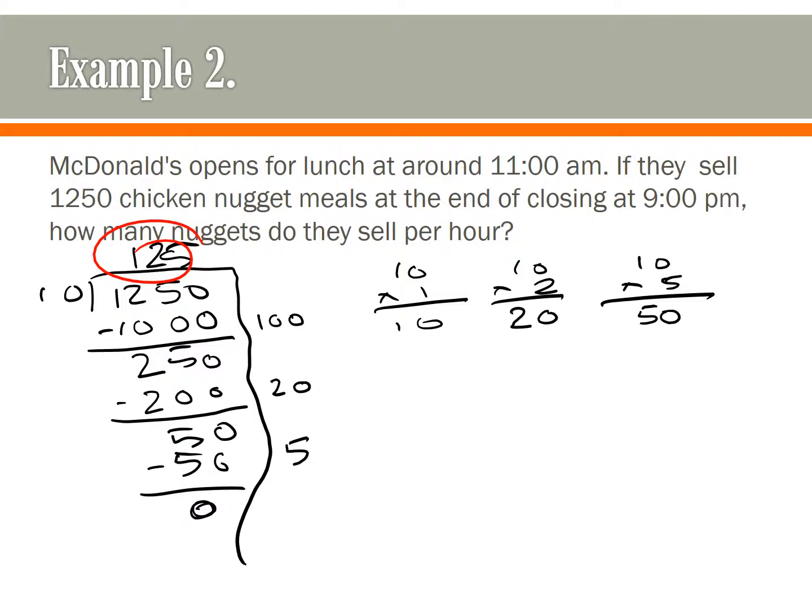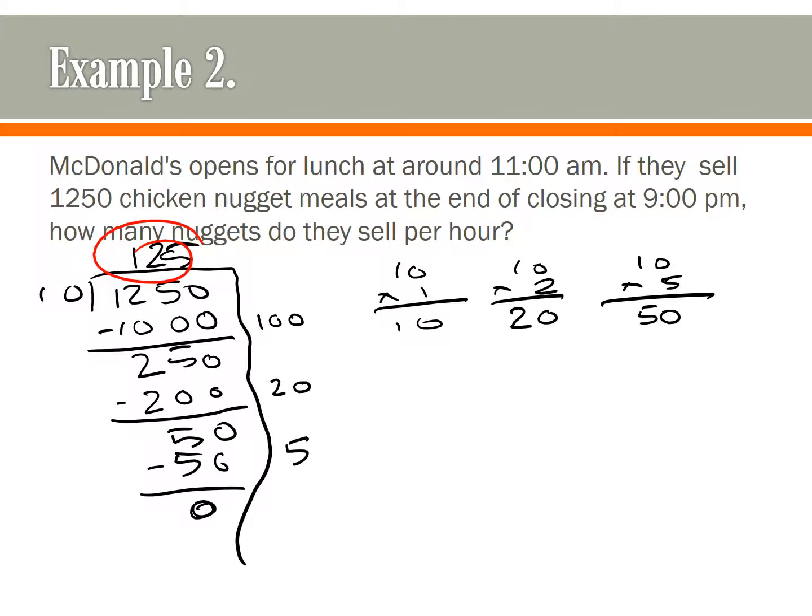But here's the thing. When we are facing a word problem, there's something I really want you guys to make sure that you do, and that's answer your word problem questions with a complete sentence. The question is asking how many nuggets did they sell per hour?